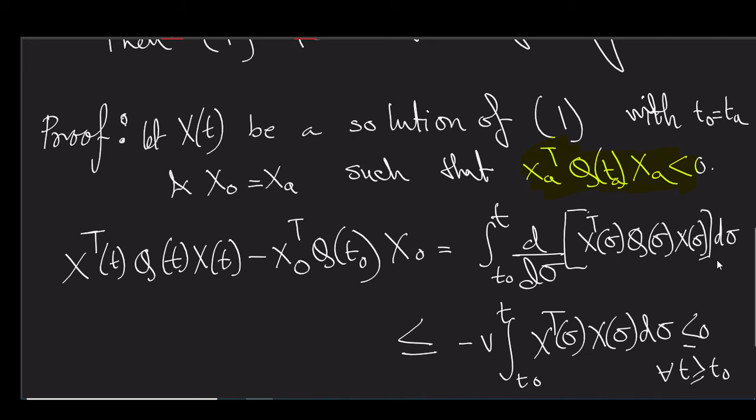Actually this x transpose Q(t) x(t) gives you the instantaneous energy, although the term instantaneous energy is kind of an oxymoron, because whenever it's energy, it comes with a sense that someone is storing energy or losing energy, and it must be over a period.